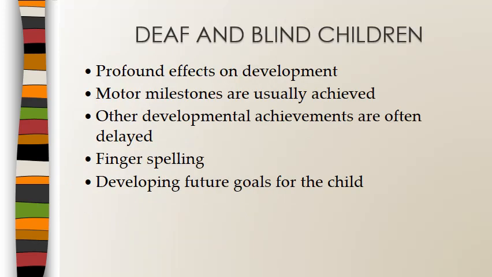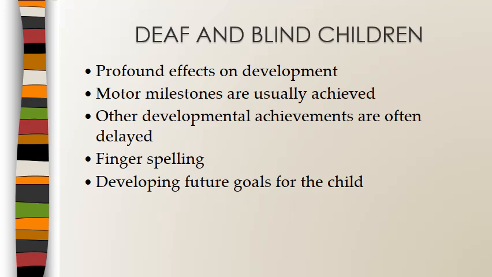Children who have both visual and hearing deficiencies, children who are both blind and deaf, are profoundly affected in their development. Remember, I talked about before, when one sense is lost or decreased, the child really does have a heightened ability to use a different sense.